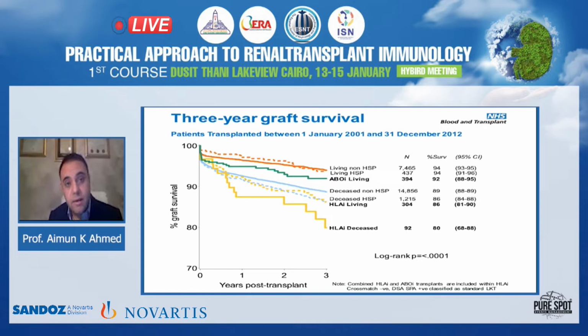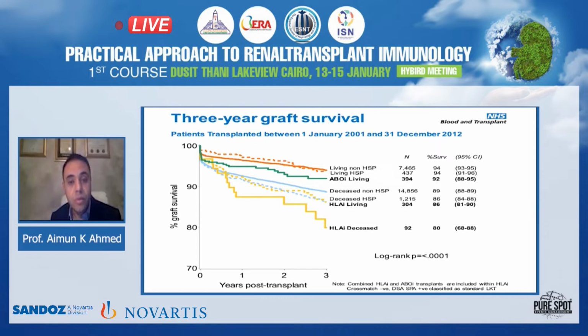This is the 3-year graft survival data from NHS Blood and Transplant. It shows the different types: living non-highly sensitized or living highly sensitized transplantation, ABO incompatible transplantation, deceased non-highly sensitized and deceased highly sensitized.